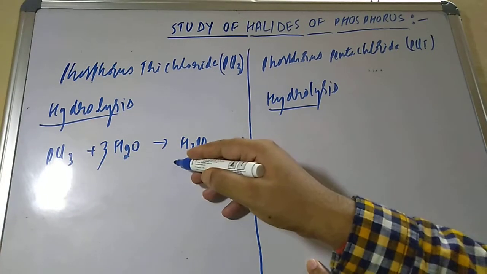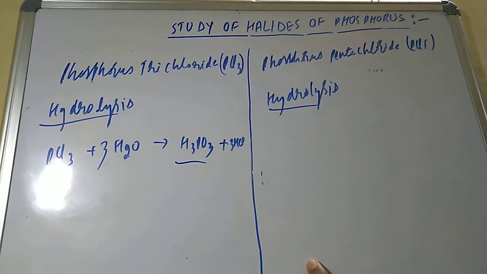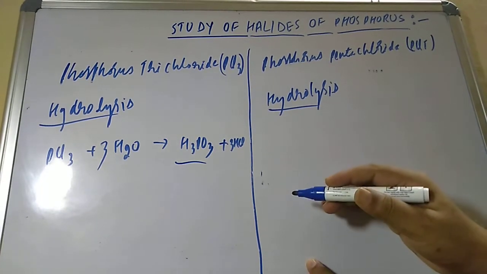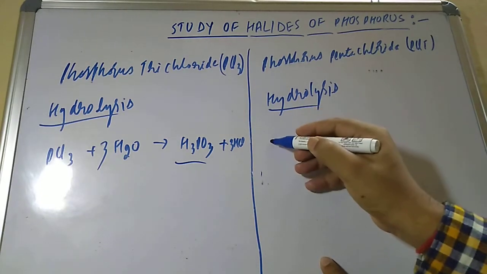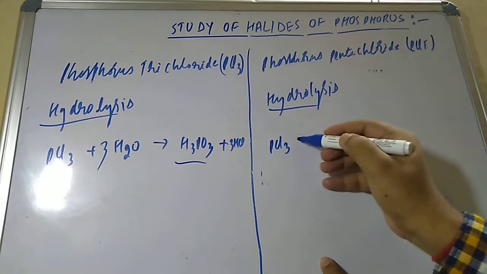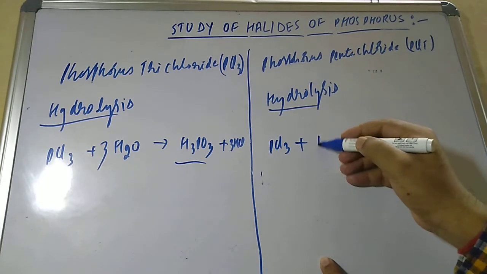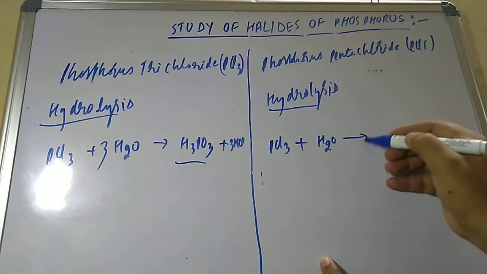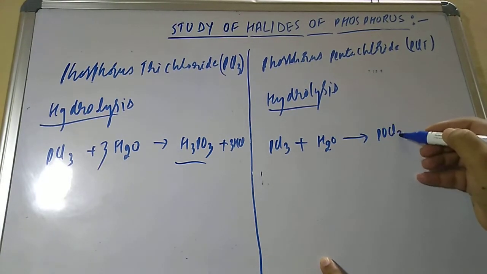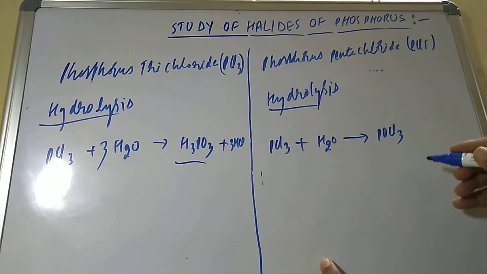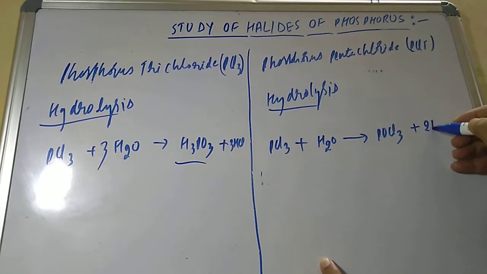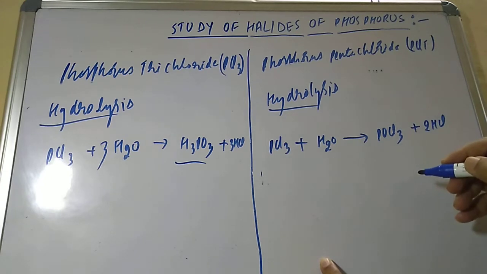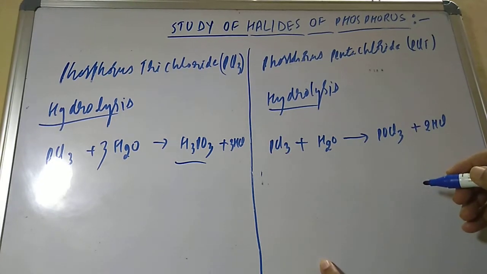So phosphorus acid it is giving, but if you see for the PCl5, what is the compound it is giving? If you treat PCl5 with the water molecule, it is giving POCl3 plus 2HCl.